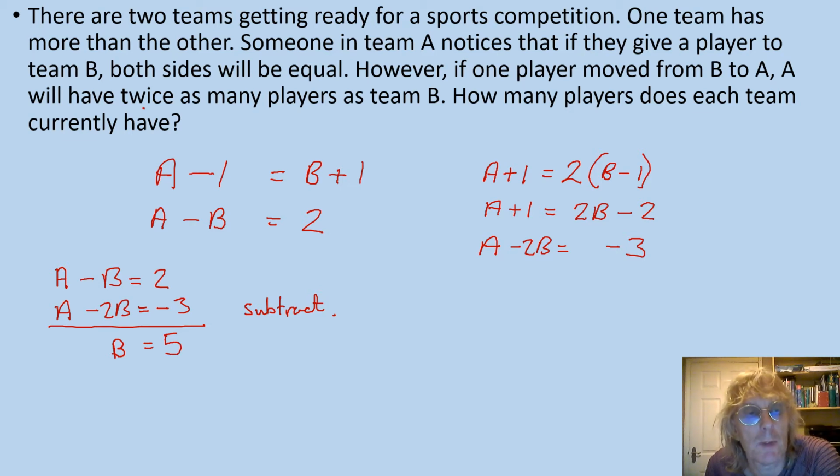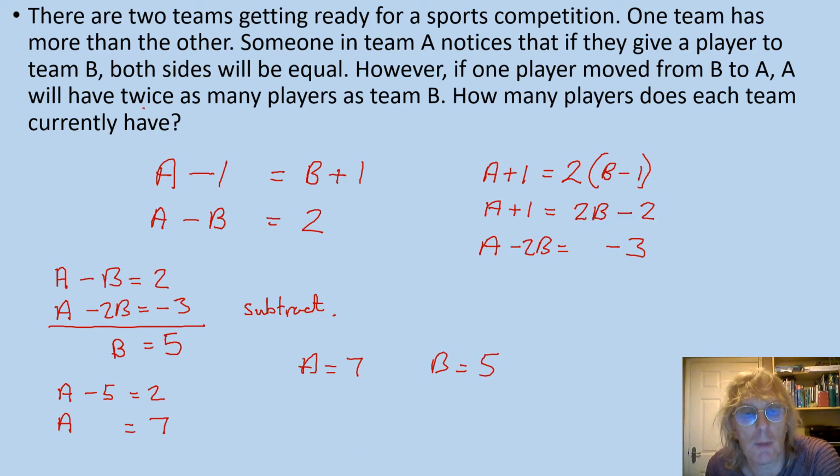If I substitute that into the first equation, that's the easiest one. A minus 5 equals 2. So A is going to equal, add the 5, 7. So there we were. We start with A equals 7 and B equals 5.